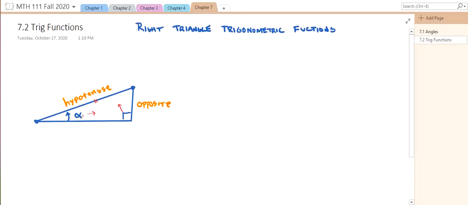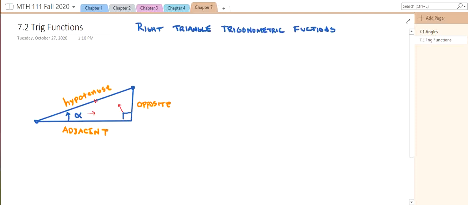And the side that lies as the initial side to this angle, we call the adjacent side. And this is a pretty common layout for a right triangle: adjacent, opposite, and hypotenuse.